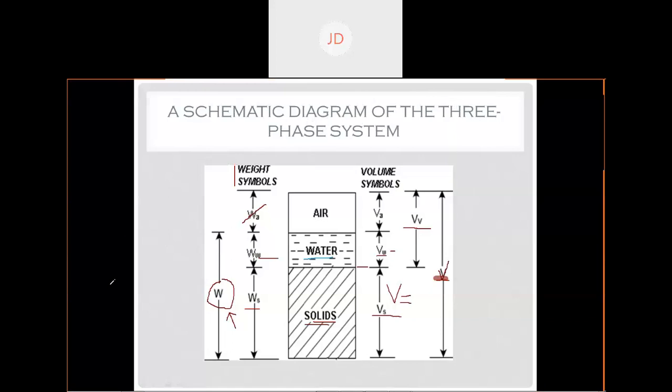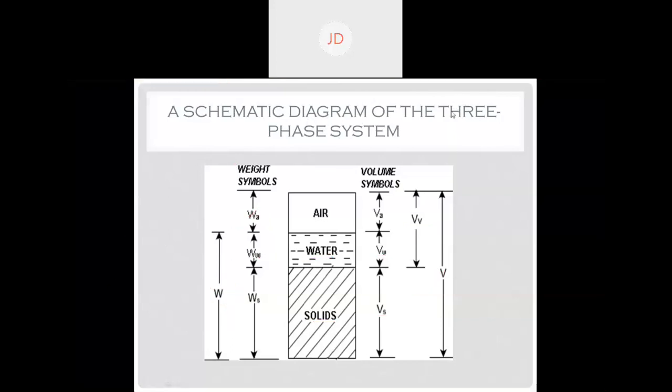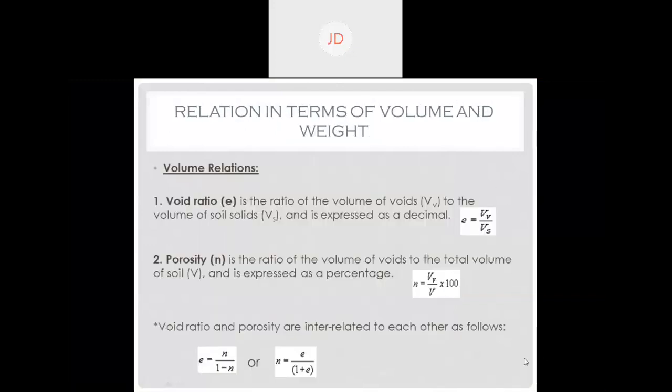Okay, let's see what we have next. Relation in terms of volume and weight. We'll discuss this in detail in coming classes. So till now, I just want to give you an overview.